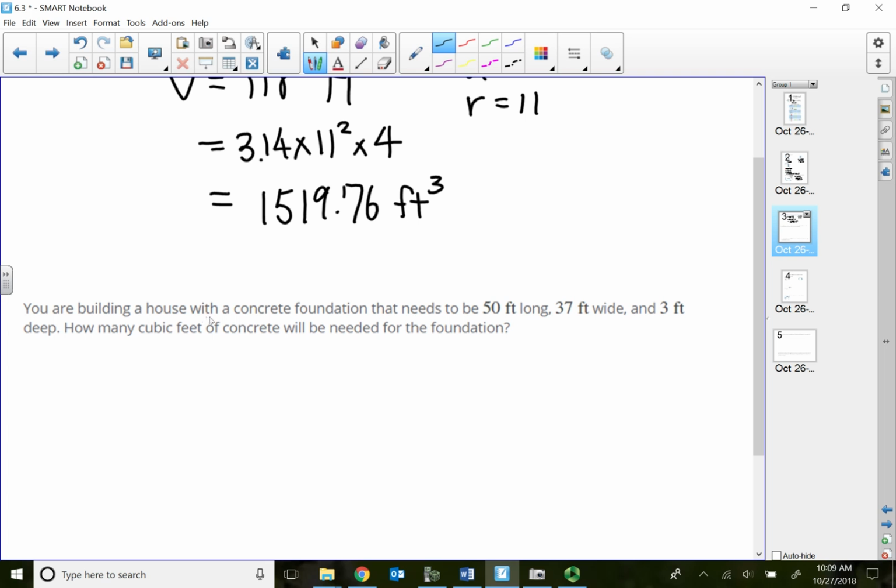You are building a house with a concrete foundation that needs to be 50 feet long and 37 feet wide. Looking at the dimensions, I know my base is a rectangle. It needs to be 3 feet deep. How many cubic feet? See the word cubic? That means finding the volume of concrete needed for the foundation. So this is going to be a rectangular solid.